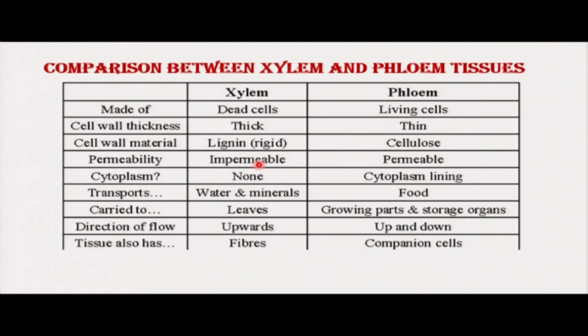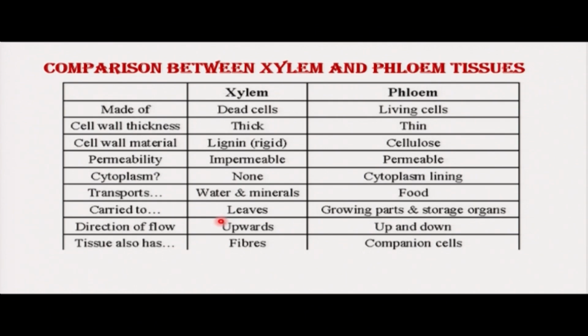Then xylem tissues are impermeable, phloem tissues are permeable. Xylem tissues have no cytoplasm, while phloem tissues have cytoplasm lining. Xylem tissues transport water and minerals, while phloem tissues transport food, what we call translocation.